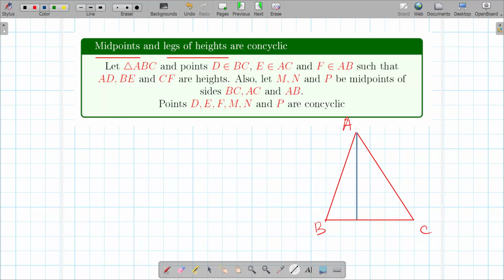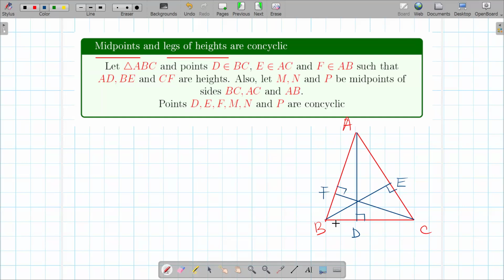Let's also construct heights. AD is a height. BE is another height. And CF is another height.